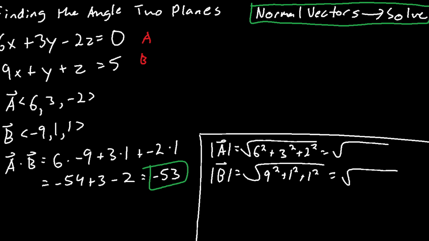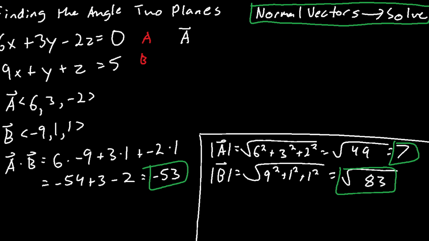And this is 36 plus 9 plus 4, and then 81 plus 2. Oh, square root of 49, how convenient. This is just 7. And then this is the square root of 83. So we have the magnitudes of vectors A and B.